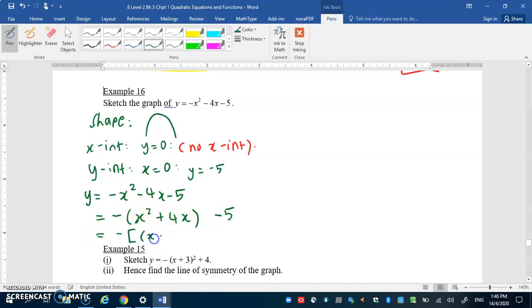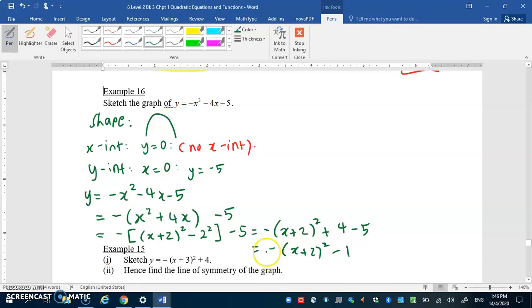So this becomes x plus 2 squared minus 2 squared. And there's still a minus 5 outside. Okay, so this will become negative of x plus 2 squared plus 4 minus 5, which is negative of x plus 2 squared minus 1. Excellent.